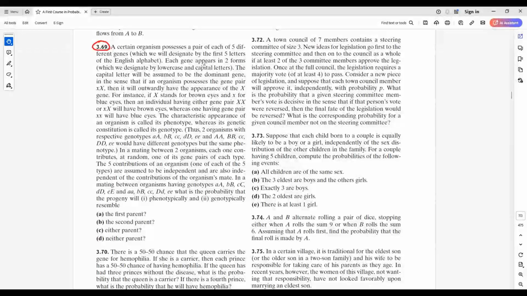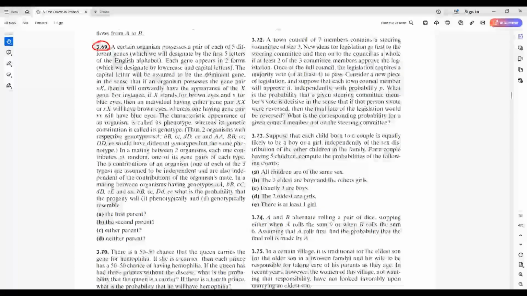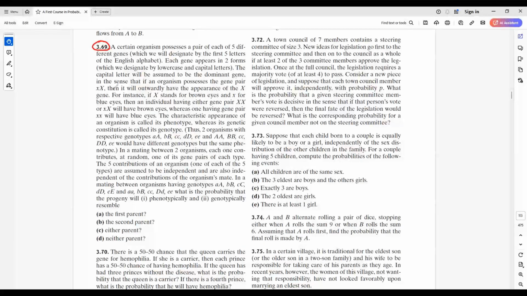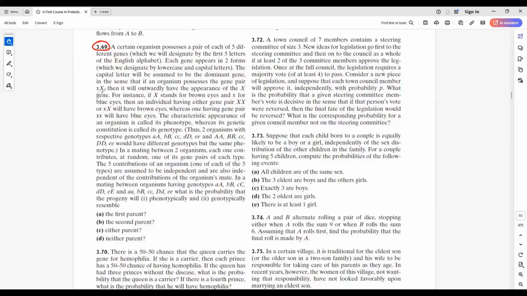Each gene appears in 2 forms, which we designate by lowercase and capital letters. The capital letter will be assumed to be the dominant gene, in the sense that if an organism possesses the gene pair small x, big X, then it will automatically have the appearance of the big X gene.